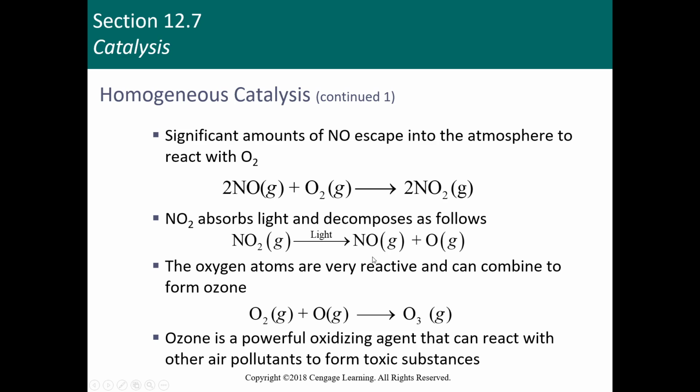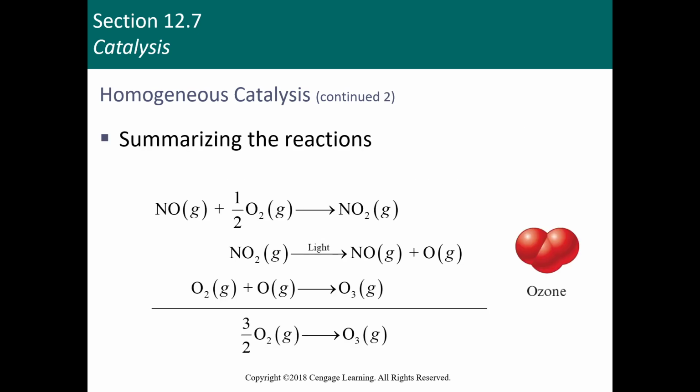That's the real difference, actually. Not that California doesn't have another problem, which is they're more spaced out, thus they have a lot more cars being driven around. But anyways, it's the sunlight that is the real key factor there. So if we summarize these reactions, what we can get from them is that 3/2 O2 will give you 1 ozone.